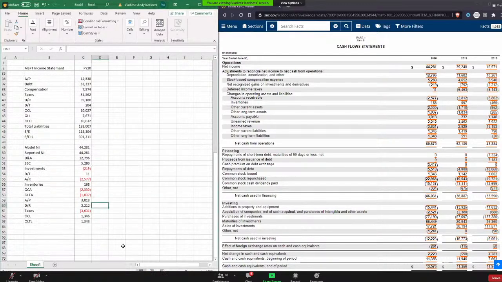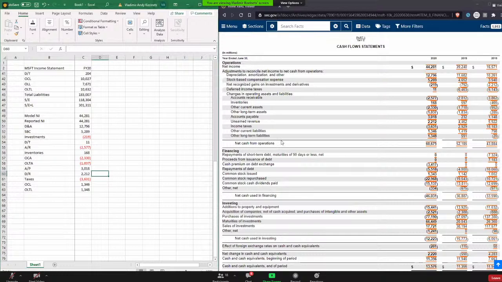Okay, good. Then we got net cash from, we're going to call that cash flow from operations, and it's going to be equal to the sum, and the number is the same as here.